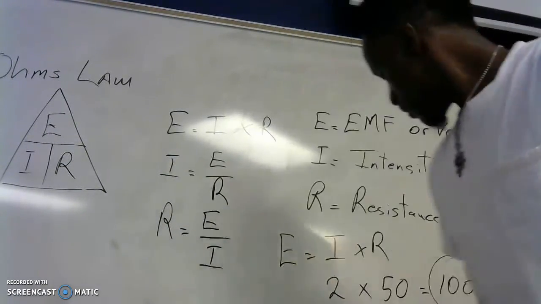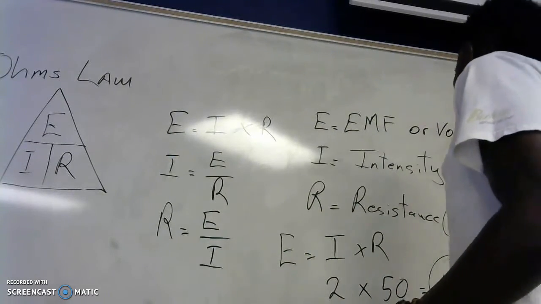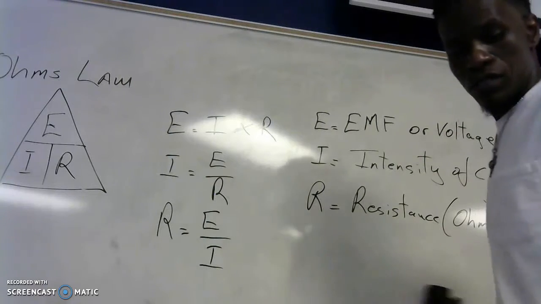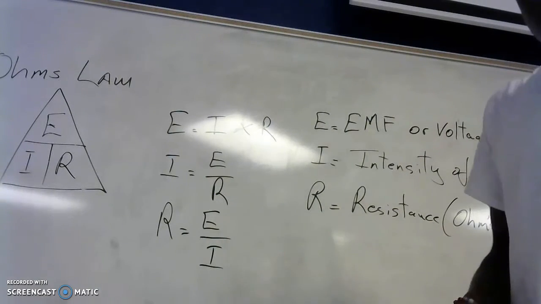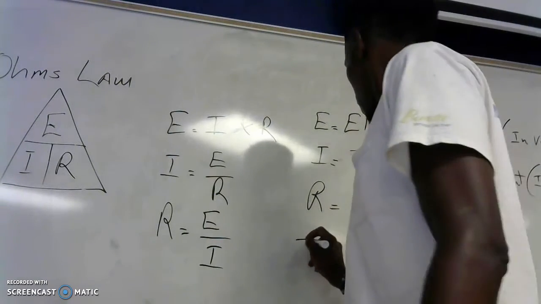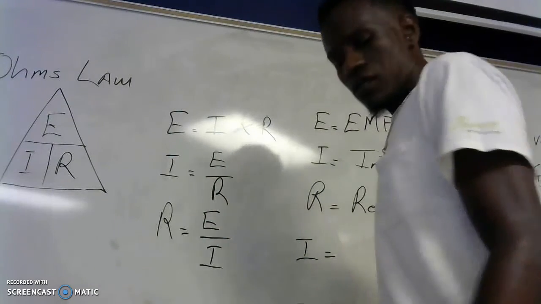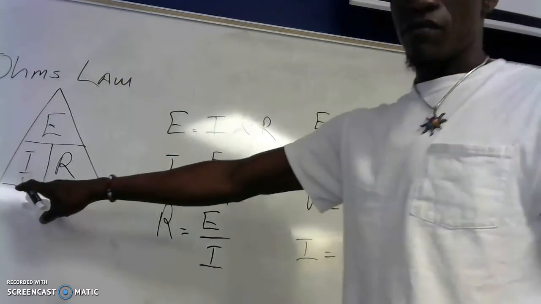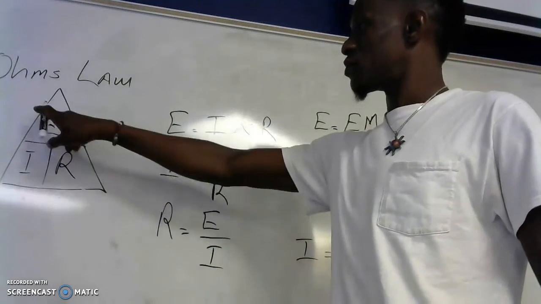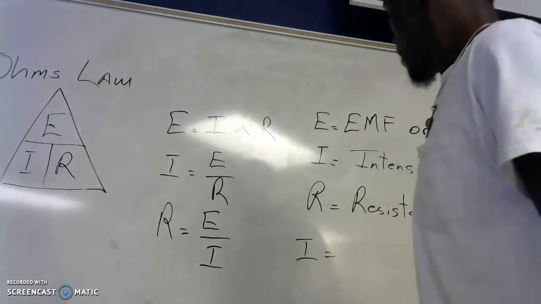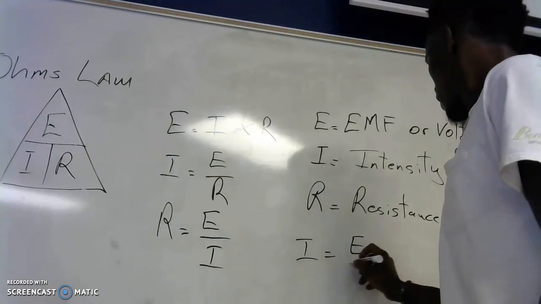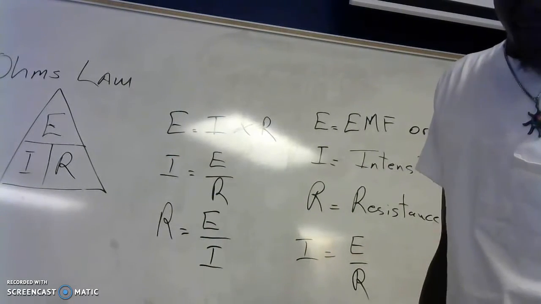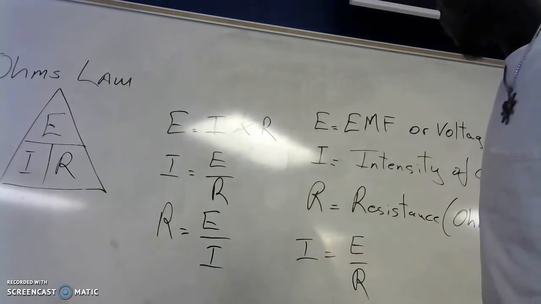I'm going to do another one. That's for the voltage, and now we're going to do intensity. We're looking for the current, so the formula is E divided by R. For instance, we have 120 volts.